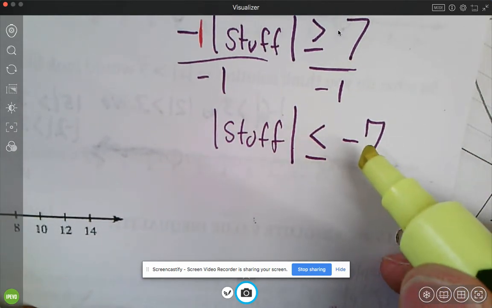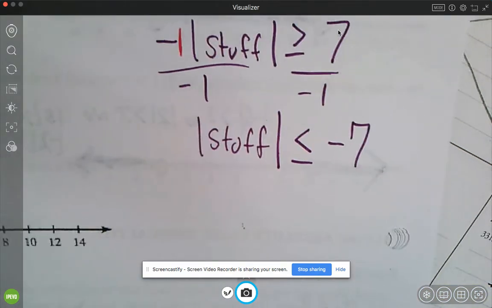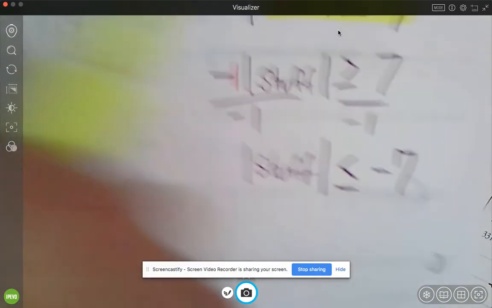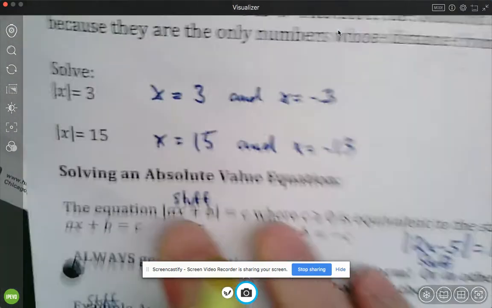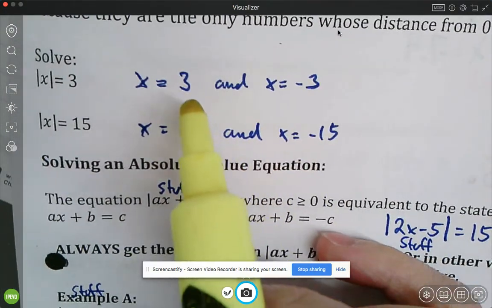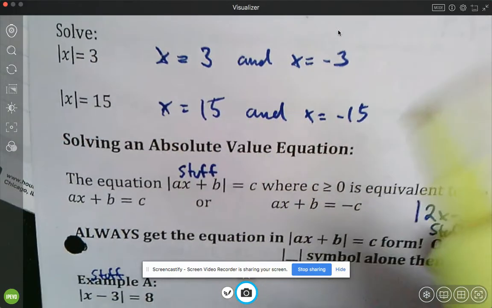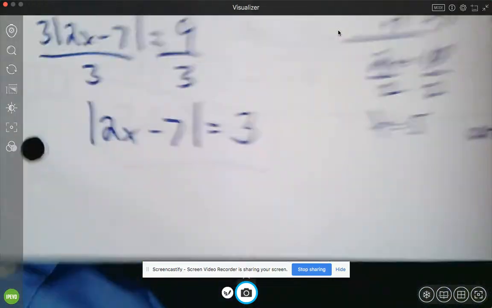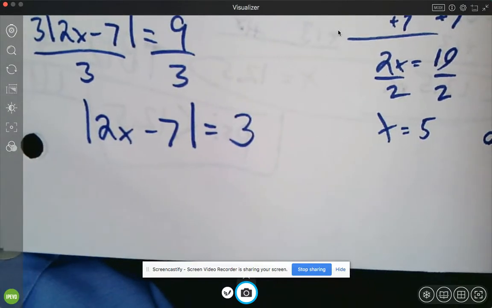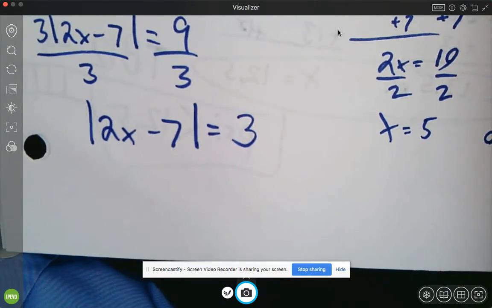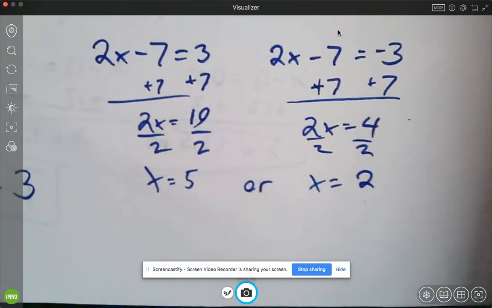So it's just like before in a previous video reference. If I flip back here, we had, the answer could be 3 and -3, 15 and -15. So we would write 2x minus 7, absolute value is 3, so we'd have to write the two equations.